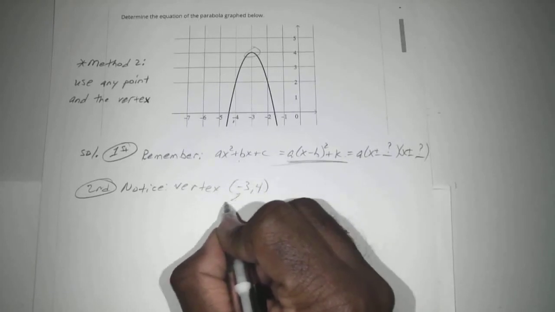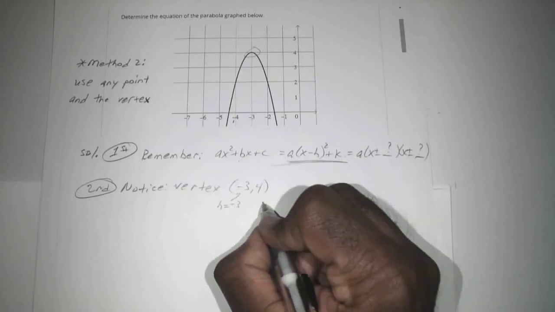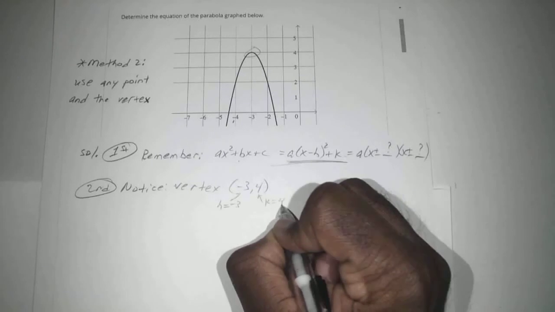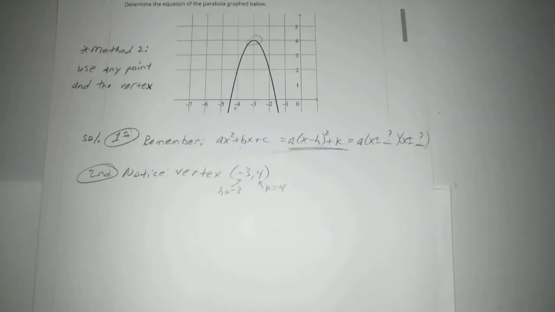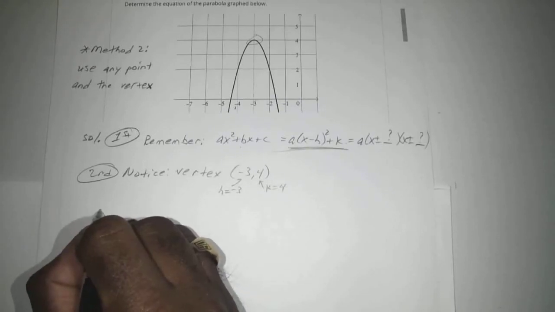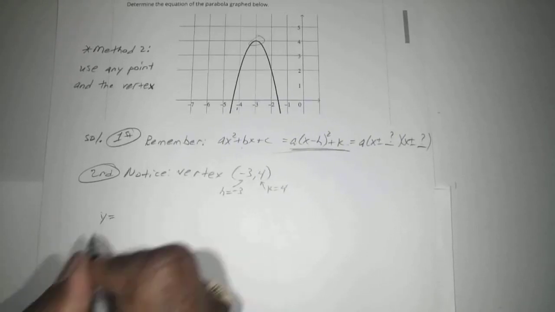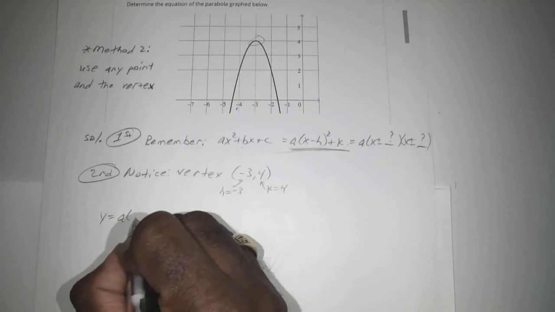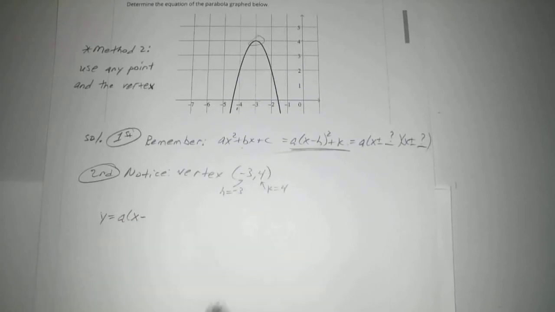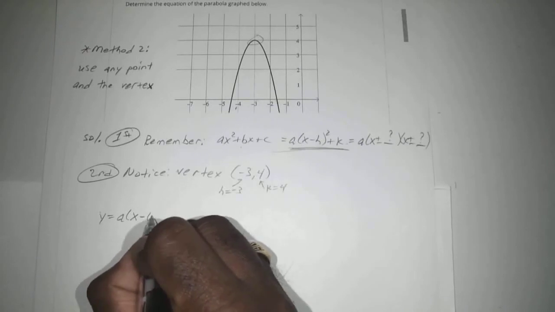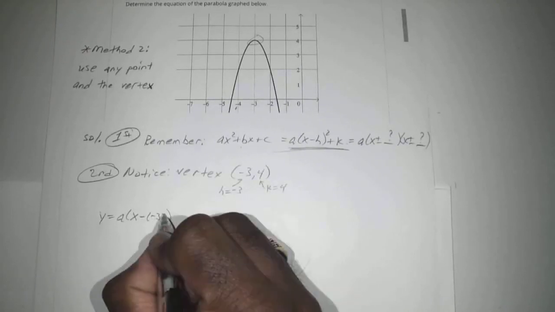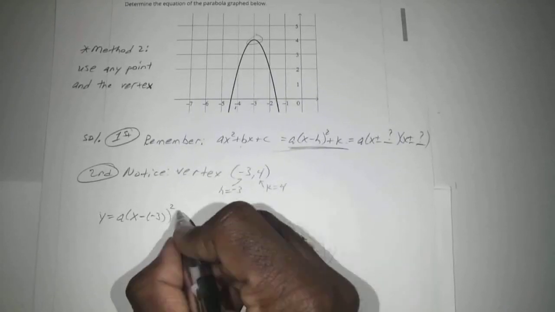That means our h is -3, and our k is 4. So just that simple, we figured out what the h and the k is. We can just go ahead and plug it in. So that means that y equals a times (x minus -3) squared plus 4.